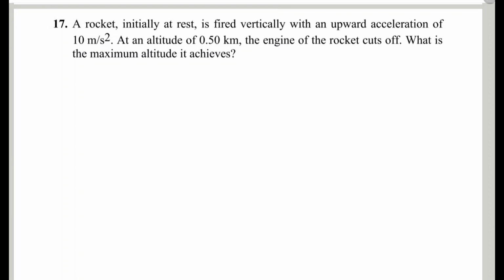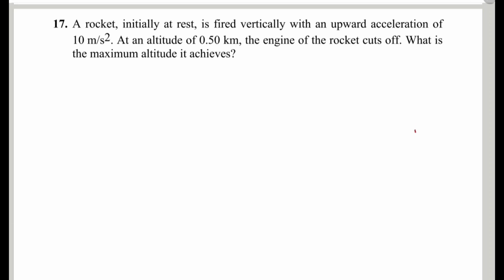A rocket initially at rest is fired vertically with an upward acceleration of 10 meters per second squared. At an altitude of 0.5 kilometers, the engine of the rocket cuts off. What is the maximum altitude it achieves?